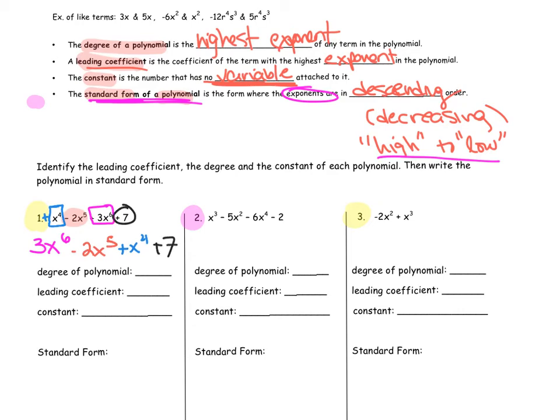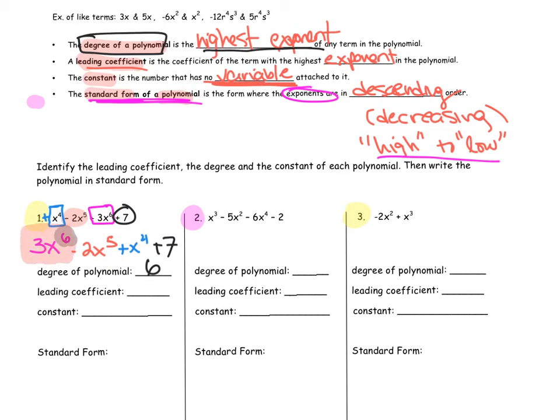So now we need to identify what the degree is. Well, let's go back to our definition. The degree of a polynomial is the highest exponent. So the highest exponent here is 6. So there's my degree. The leading coefficient is the number in front of the term that has the highest exponent.